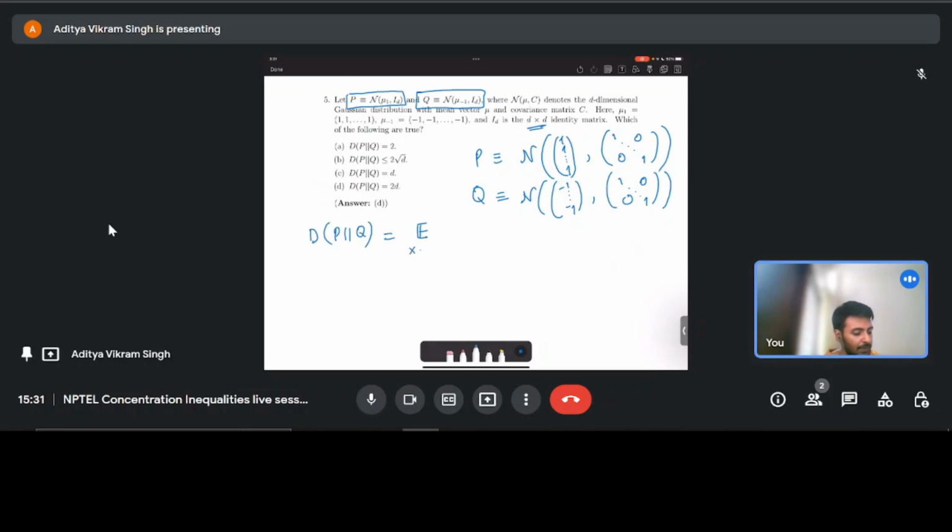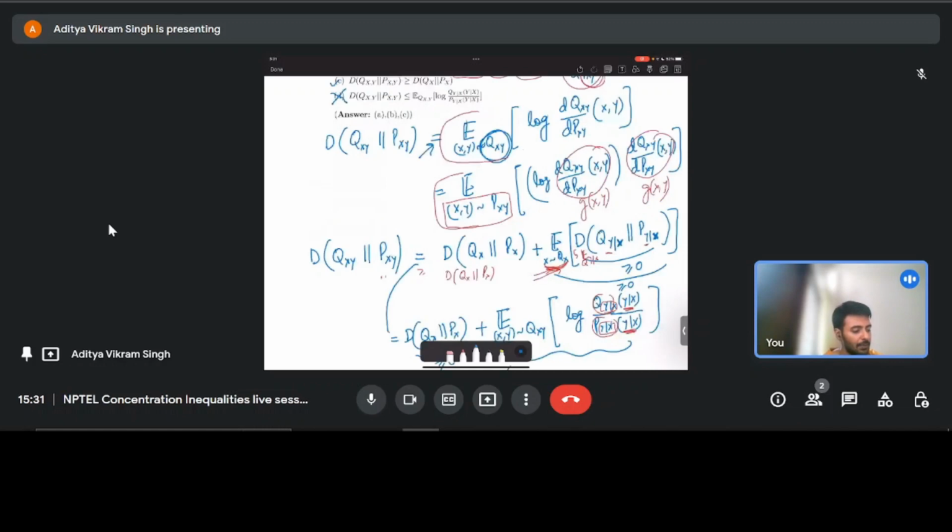Suppose this X is sampled from P. We want to compute the expectation of log of dP by dQ of X. We saw earlier that you take expectation with respect to the first argument, and then only the log is inside. If you want to take expectation with respect to the base distribution, the second argument, then you have to multiply with this identical derivative.